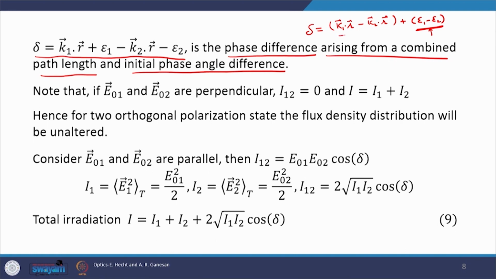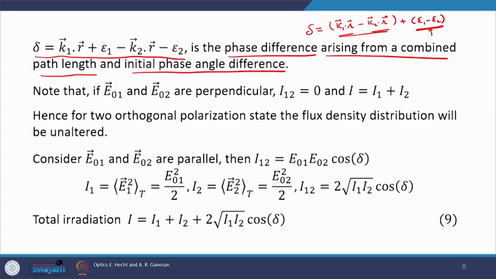Similarly, k1 dot r minus k2 dot r stands for the phase difference arising out of path length difference. We have already defined what a path length is. k1 is the wave vector, r is the radial coordinate of the point to which the wave is travelling, then k1 dot r is the path length travelled by the first wave.